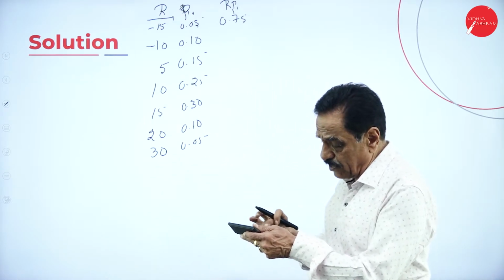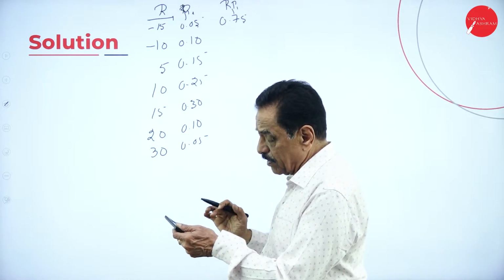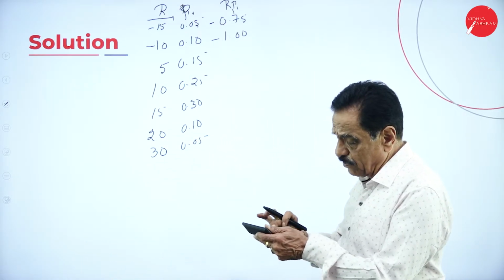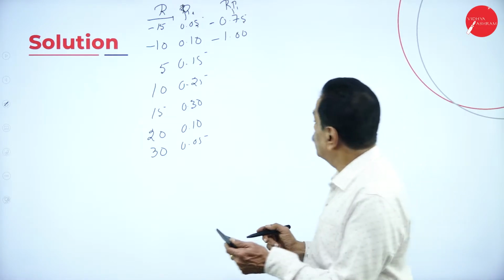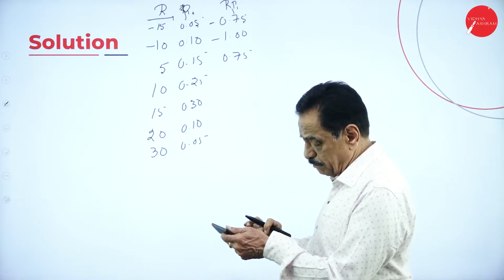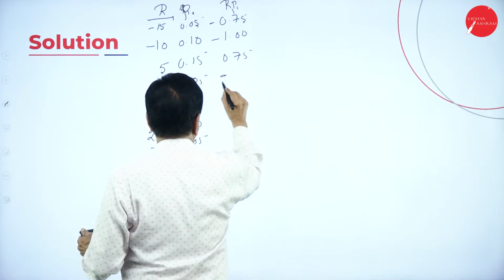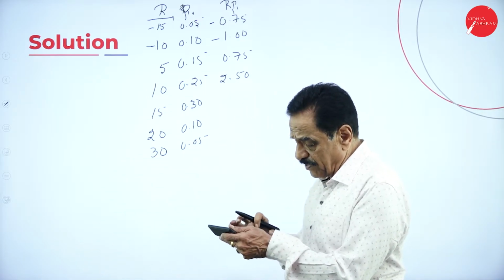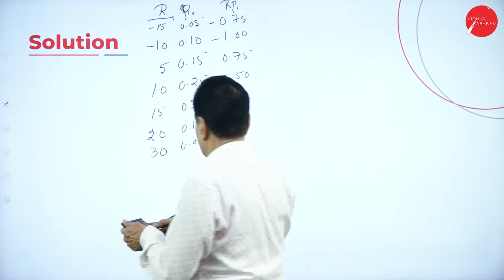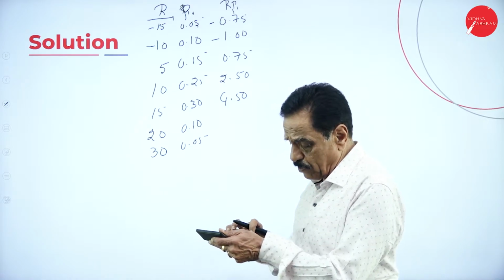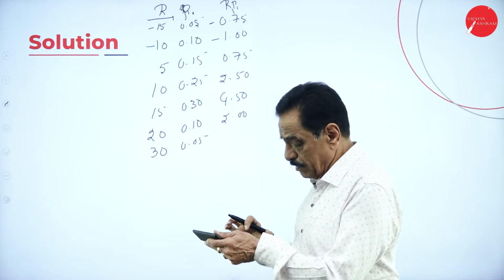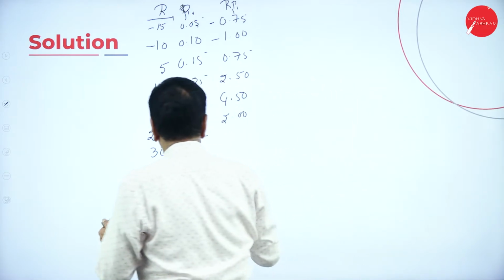Then minus 10 into 0.10, this is 1.00. 5 into 0.15, 0.75. 10 into 0.25, 2.5. 15 into 0.30, 4.5. 20 into 0.10, this is 2. Then 30 into 0.05, 1.5.